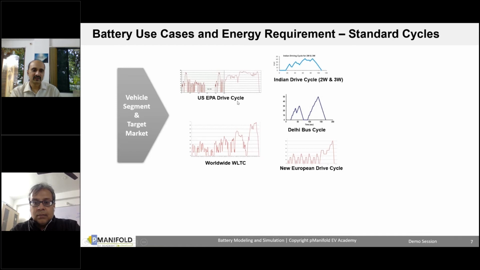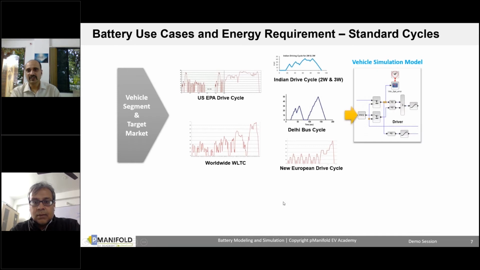We also have efforts at harmonizing all the passenger vehicle cycles around the world into one transient cycle, which will be the WLTC cycle.